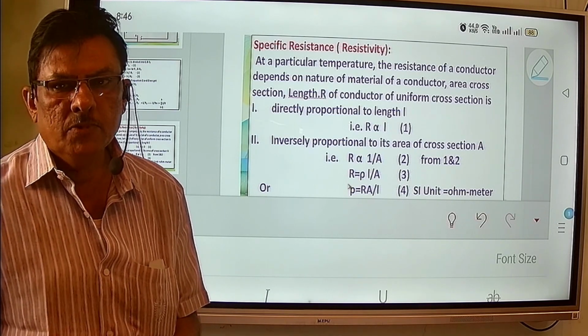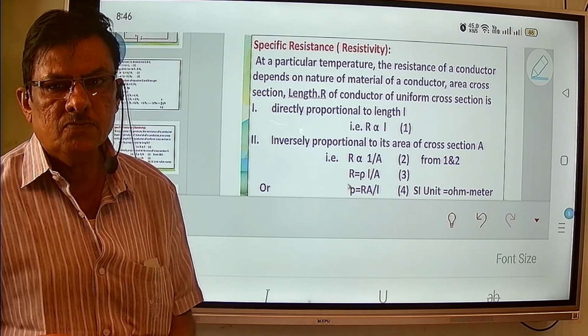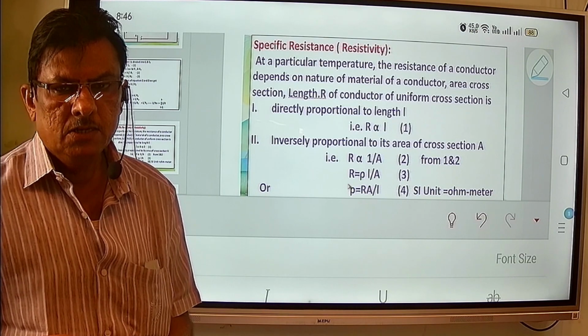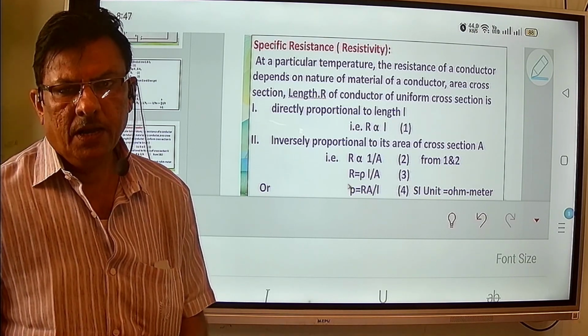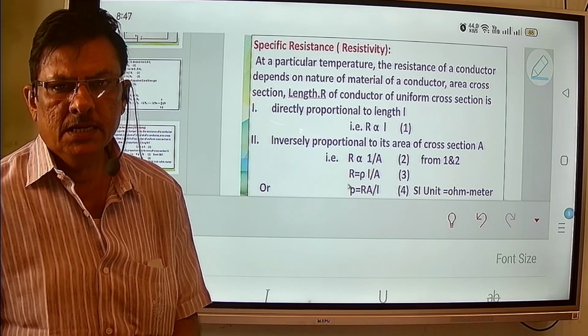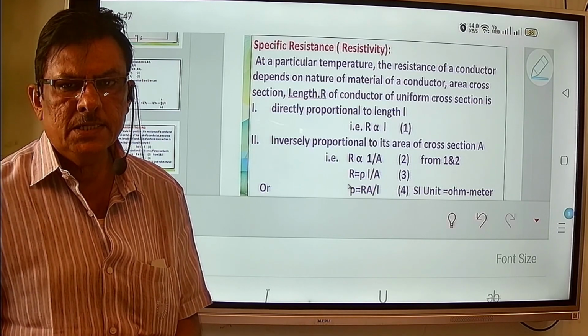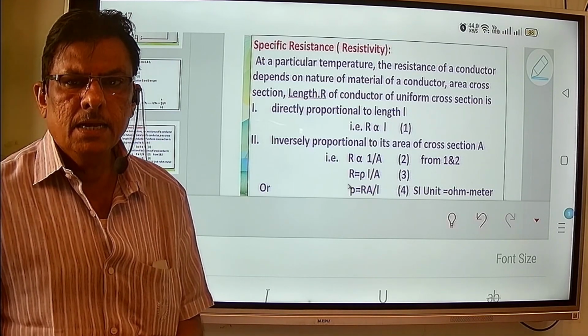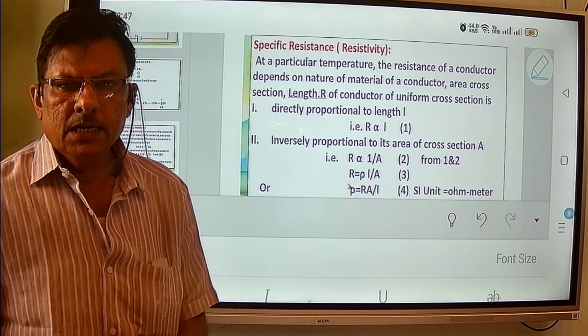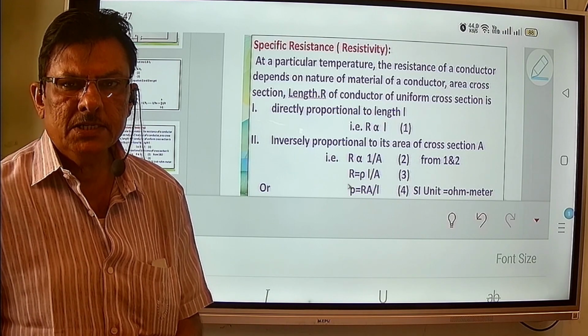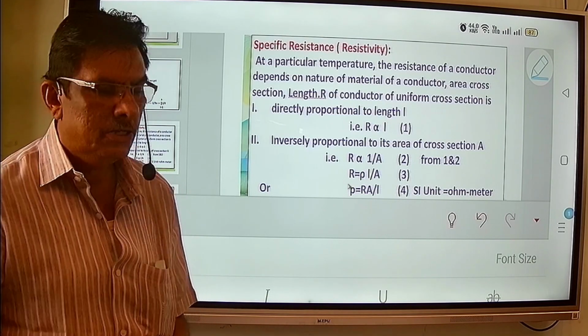Why? Because here also the resistance of the wire is increased. So looking into these two examples, we have to take into consideration that while preparing a specific resistance, this area of cross section is taken into consideration and length also.